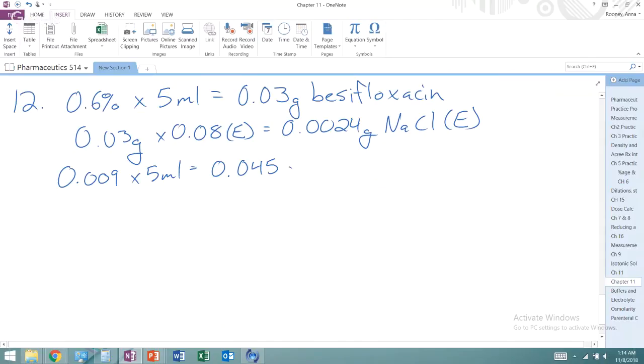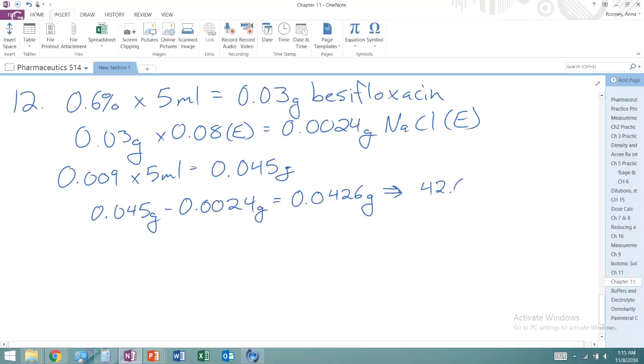And then we take 0.045 grams, and you take away the pulling power that you already have, which is your 0.0024 sodium chloride equivalent, and you find that that is 0.0426 grams, and then that is 42.6 milligrams of sodium chloride that you have to add to this.